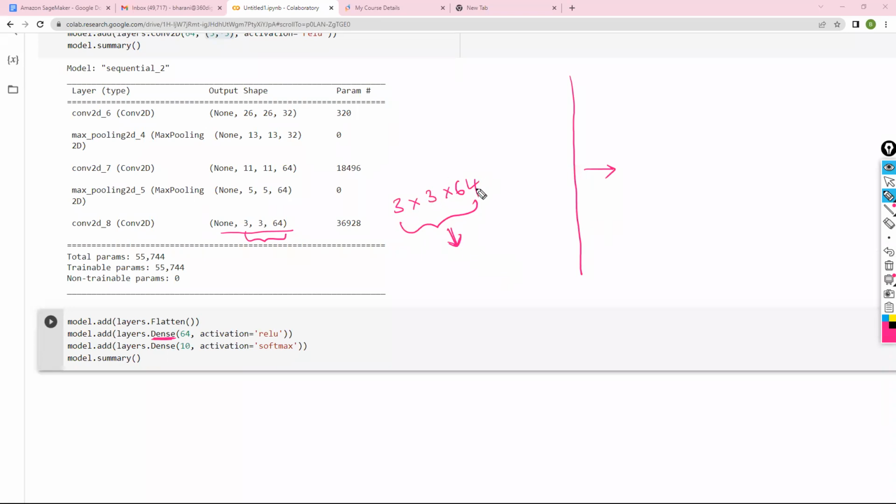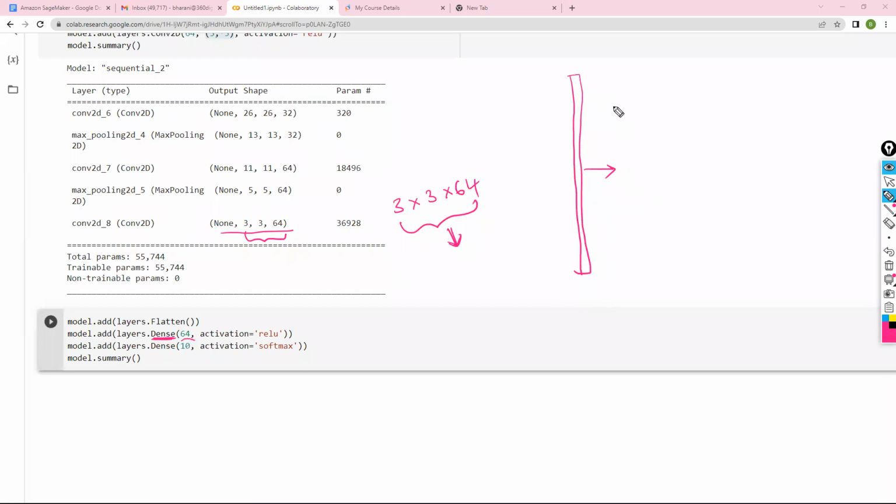So 3, 3, 64, you have to multiply those and then you get a single number. Those many neurons will become your inputs to your dense network.